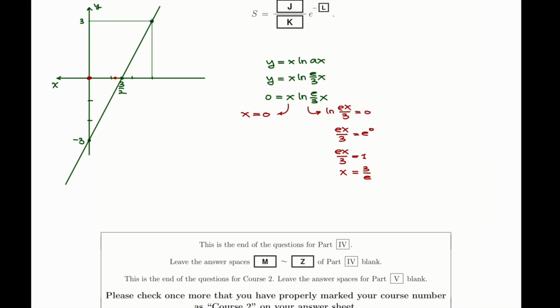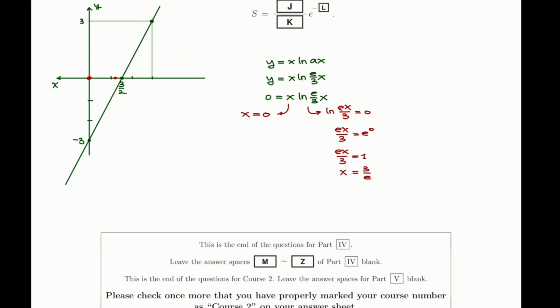So our first graph will pass through these two coordinates and touch the line at this point.